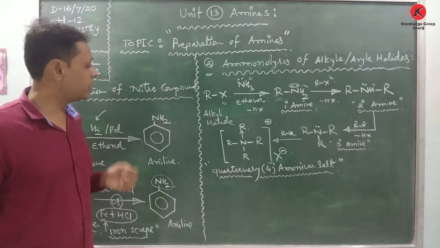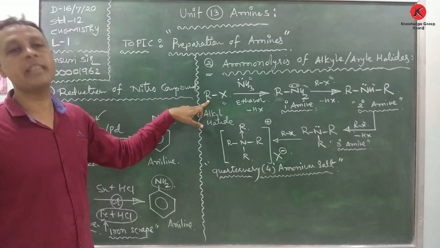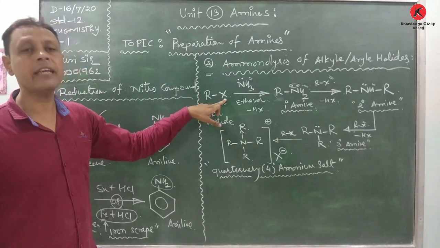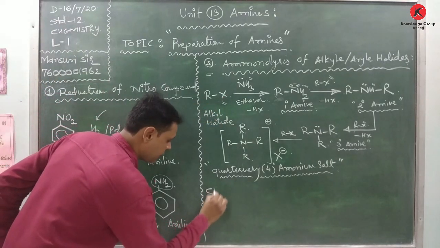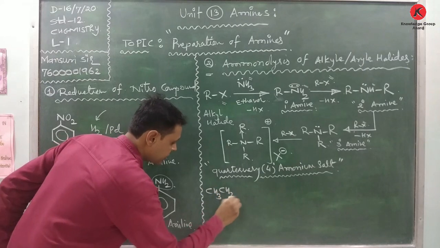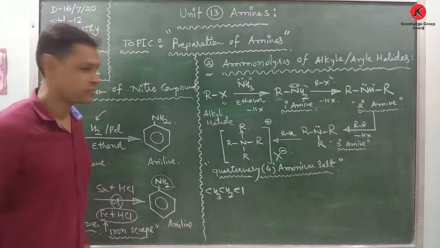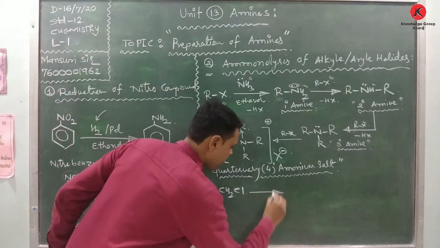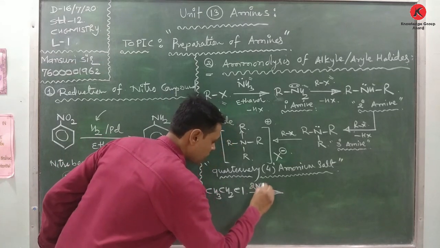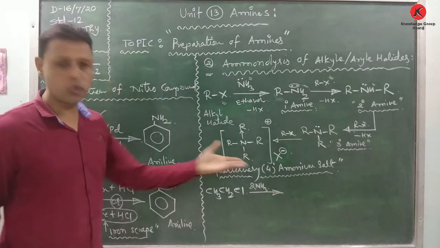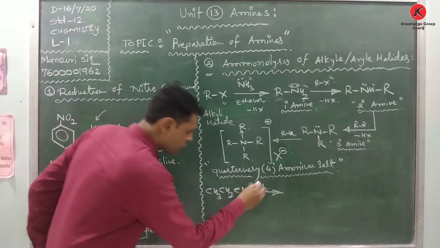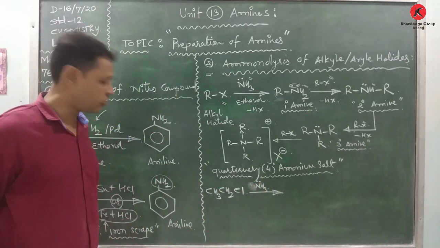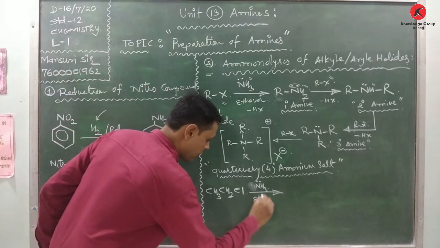First we will take alkyl as ethyl and halogen as chlorine. So this reaction can be carried out with CH3CH2Cl. Now ammonia will react. You can use 2 ammonia, or 1 ammonia. Here nitrogen has a non-bonding electron pair, in presence of ethanol.